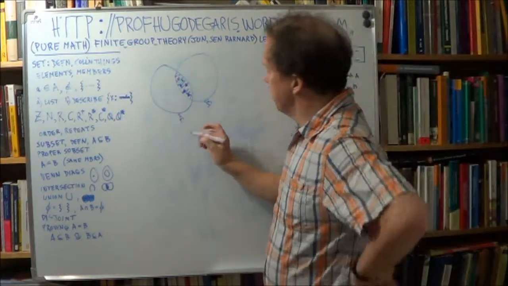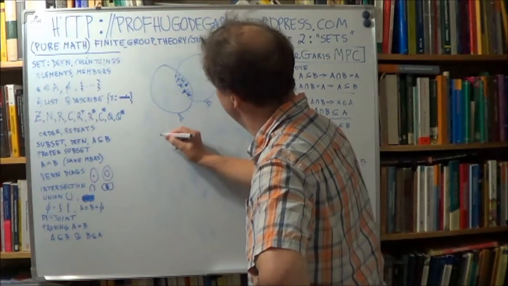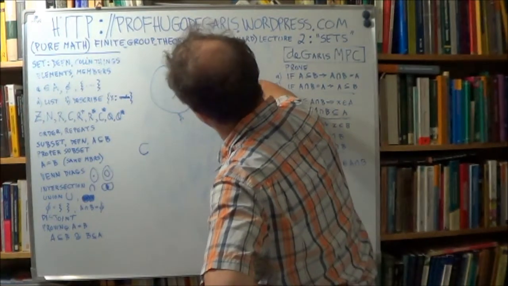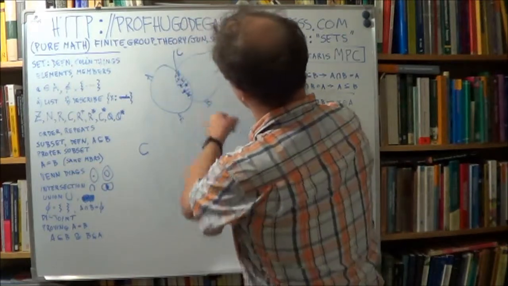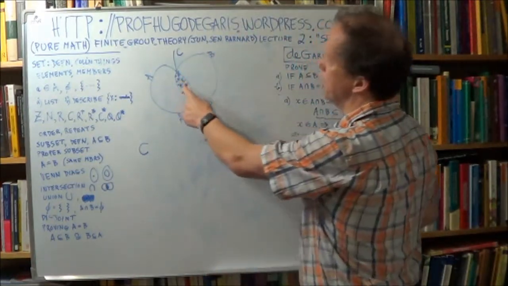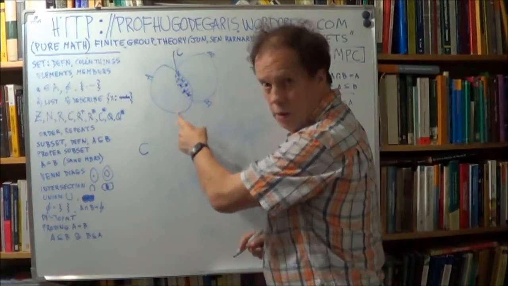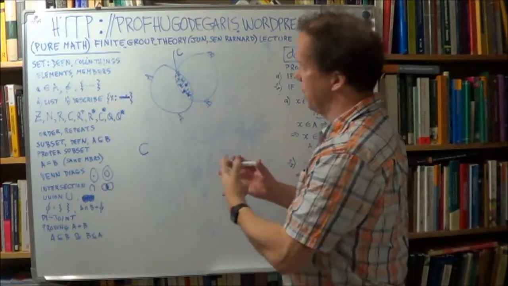So in other words, let's call this set here C. This is set A and set B. So set C is the set of elements that belong to both A and B. Right? They intersect.